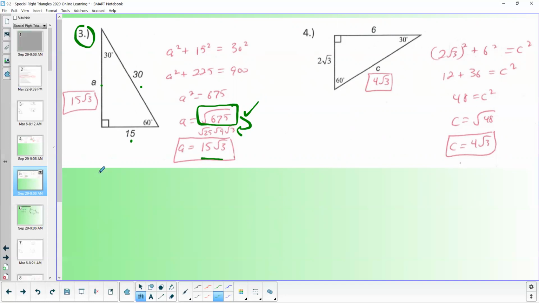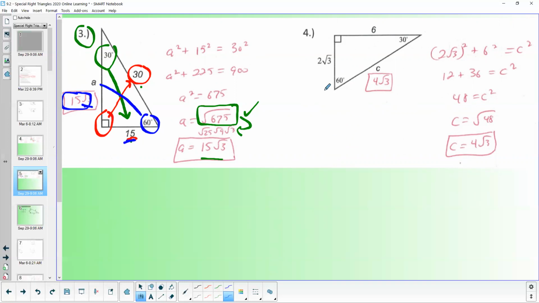And it looks like that pattern we discussed in numbers 1 and 2 holds here, where the side that's across from the 30 is 15. The side that's across from the 90, the hypotenuse, is twice as big as this side that's across from the 30. And the side that's across from the 60-degree angle, 15 root 3, is basically the same as this smaller leg, 15, but multiplied by root 3.